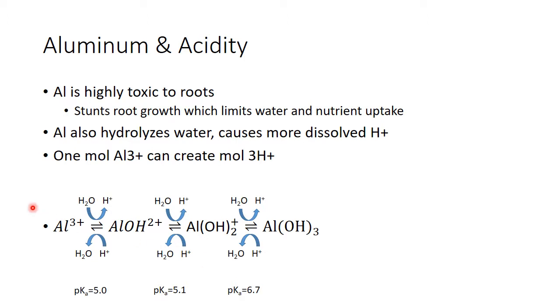Another source of acidity is aluminum. And one issue with aluminum is that it is highly toxic to roots. So not only does it produce acid, which can cause issues, low pHs also make aluminum more soluble, and that is toxic to roots.